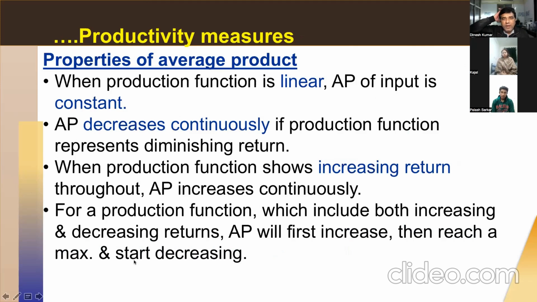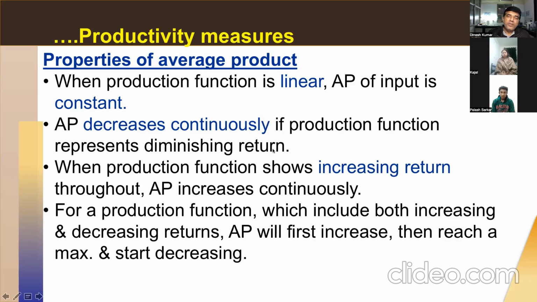Now, properties of average product. When the production function is linear, the rate of change is the same. Due to a unit change in X, the change in Y is the same from one unit to the next. Then it is a linear function. So when the production function is linear, AP of input is constant. It does not change. AP decreases continuously if the production function represents diminishing return.